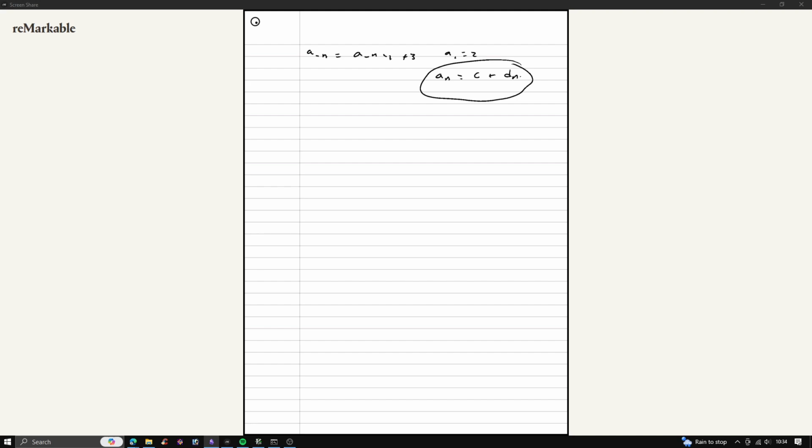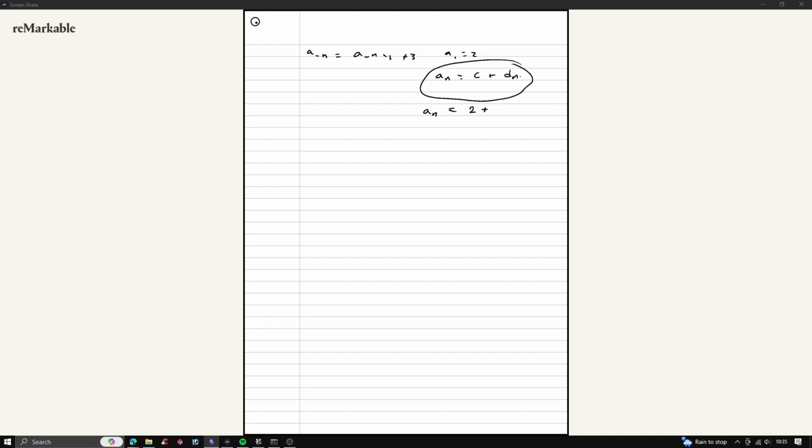I don't know if we're actually going to wind up using that, but that's okay. I mean, if we just look at this, we can probably turn it into its arithmetic form just by knowing a of n equals, we know the initial condition, which is 2 plus d times n.